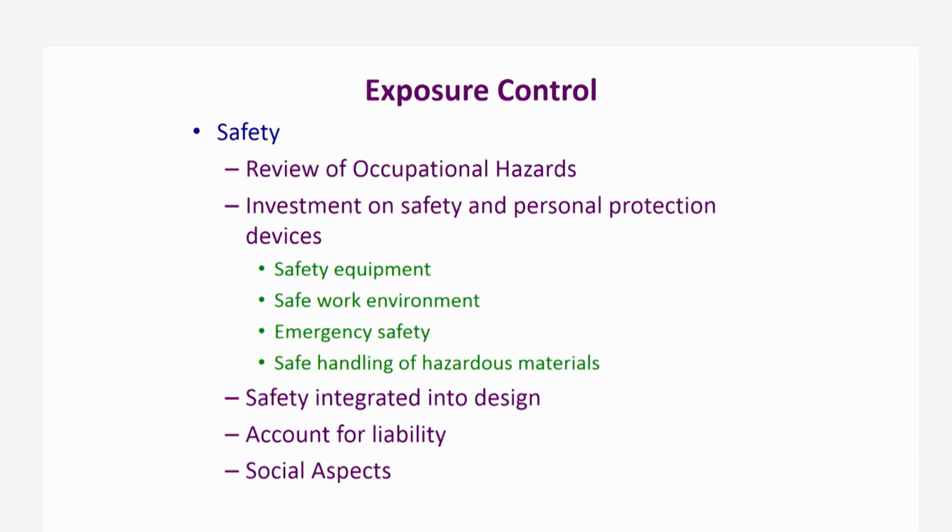Safety is usually seen as fire safety and electrical safety and all that, but we call it environmental health and safety, and this is becoming a big thing. All major industries and corporations have this section, safety and environmental health. And one has to invest in safety and personal protection devices.